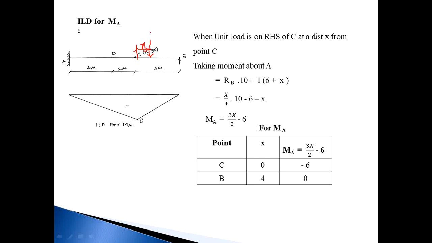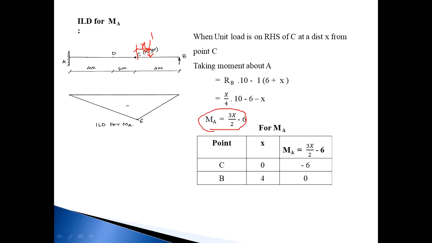This is the x, this is the unit load 1. So taking moment about A: first, RB into 10 minus 1, this is the unit load, into 6 plus x, meaning the AC distance is 6 plus this x. So MA is equal to RB into 10 minus 1 in bracket 6 plus x. By simplifying this equation, we get MA is equal to 3x divided by 2 minus 6.